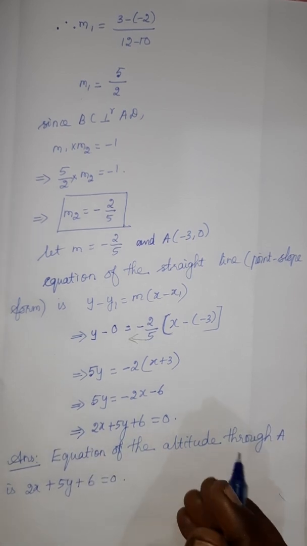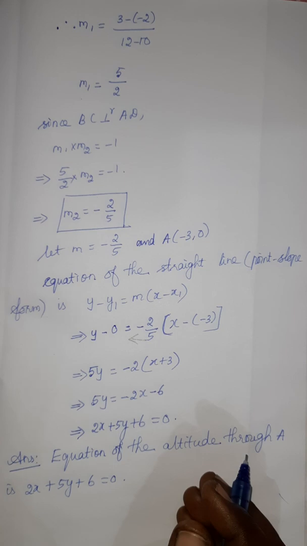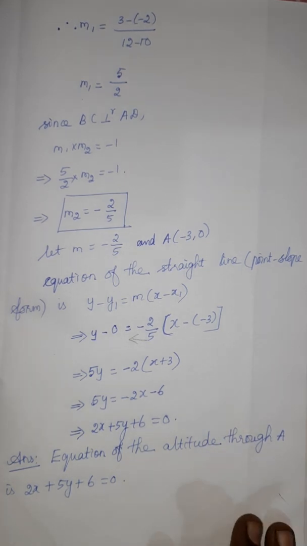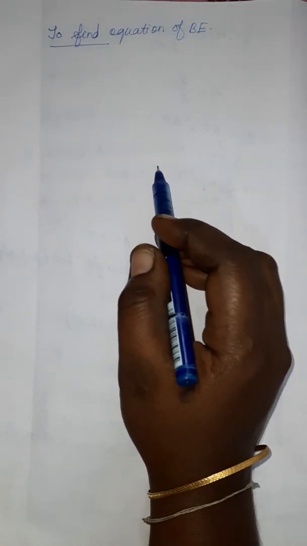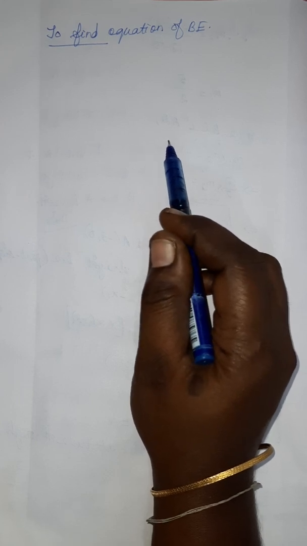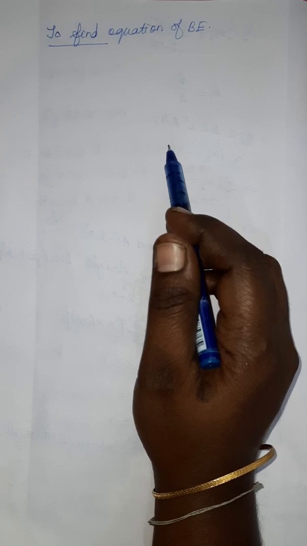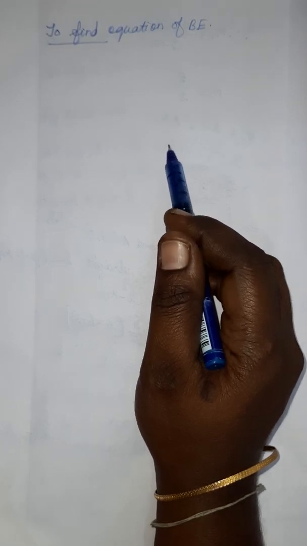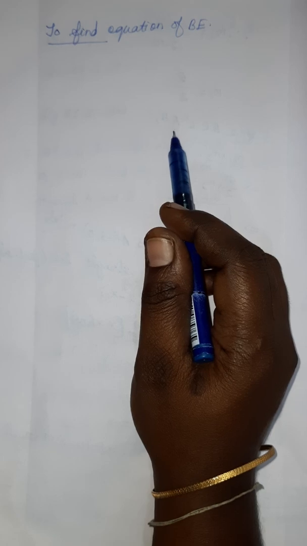Next heading you have to write is to find the equation of BE and complete this. It is your homework. In this part also you have to choose m1 and m2. m1 is the slope of the side AC and m2 is the slope of this altitude BE.